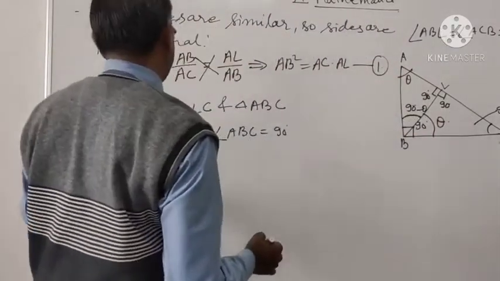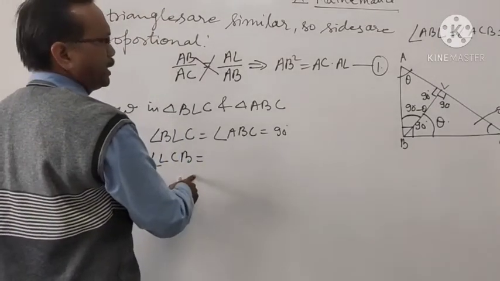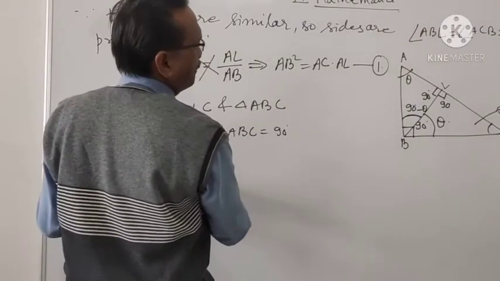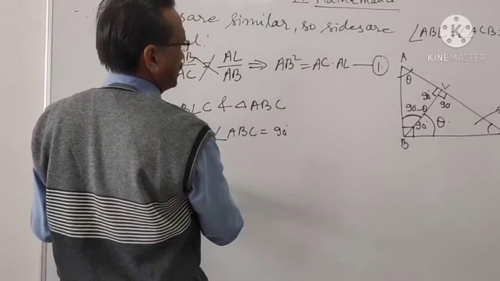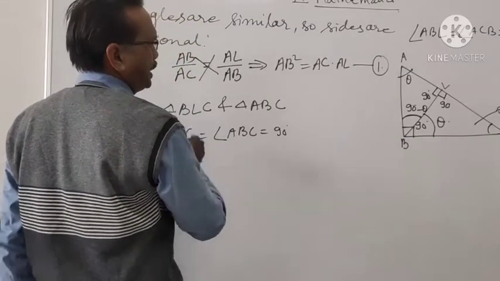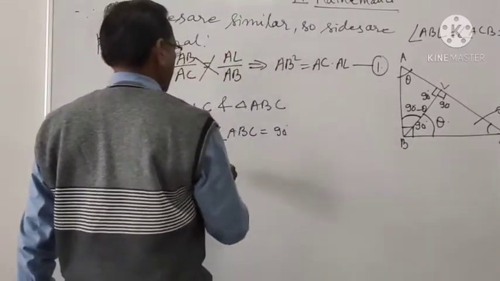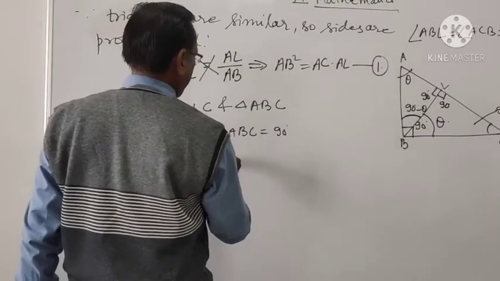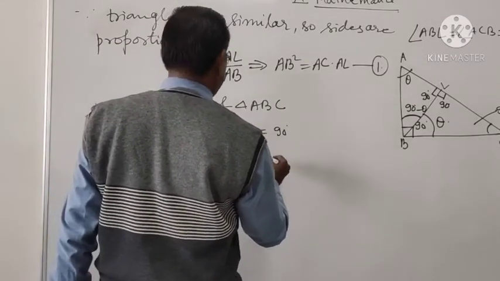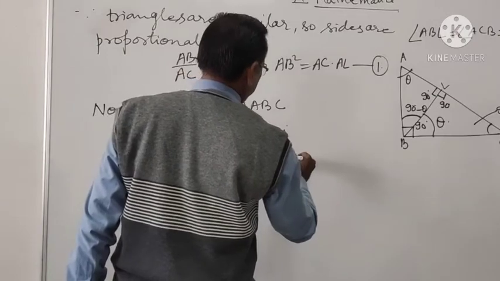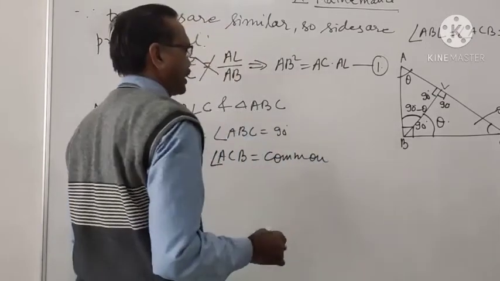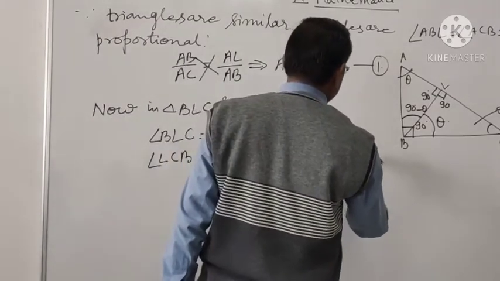So angle LCB equals angle ACB, which is common, and both are 90 minus theta.